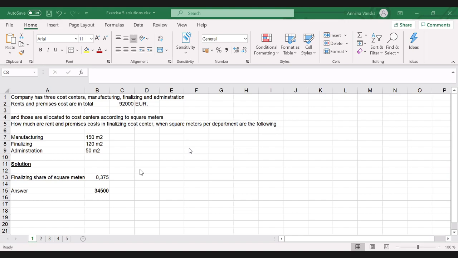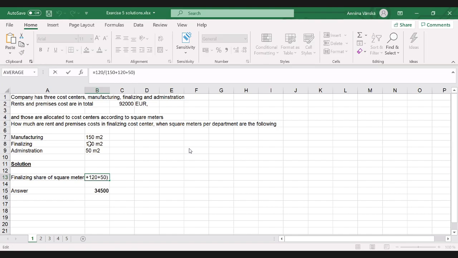Then the question is how much rent and premises cost are allocated to finalizing cost center when the square meters are given here. So then we need to first calculate what is the share of the square meters of finalizing cost center.